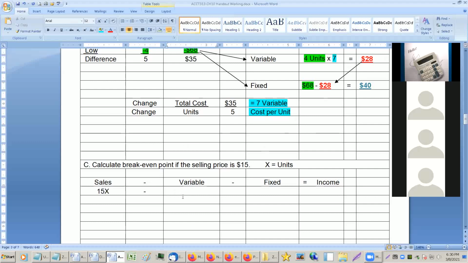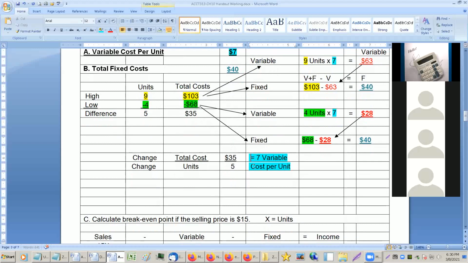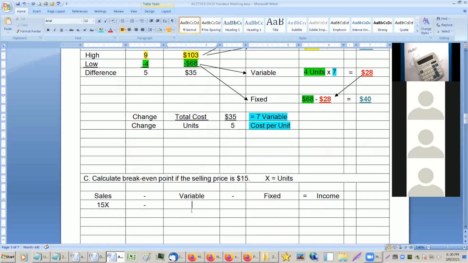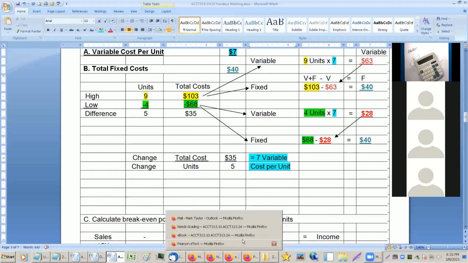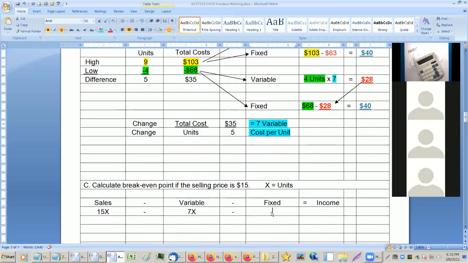minus the variable cost of what we got up here, right here actually, $7. So this would be 7. And the fixed costs were 40. And at break even, our income is, oops, not comma, it's 0.